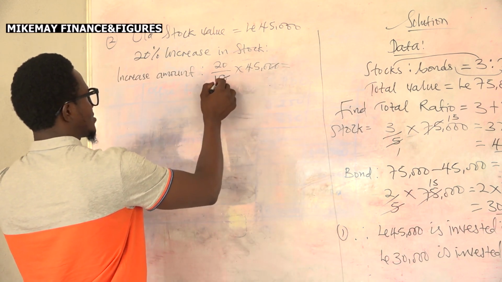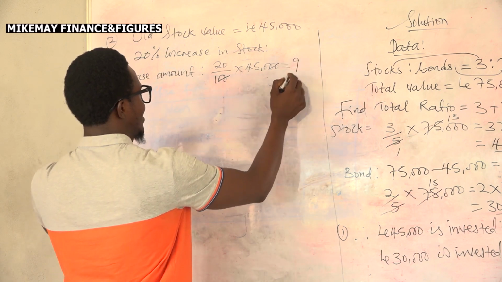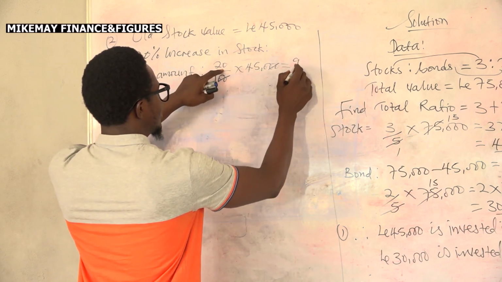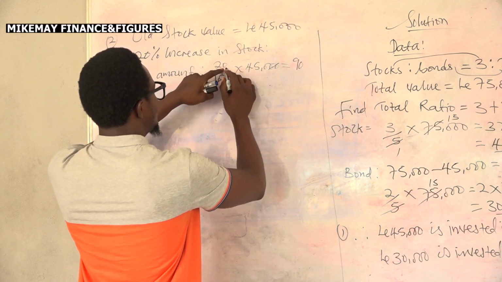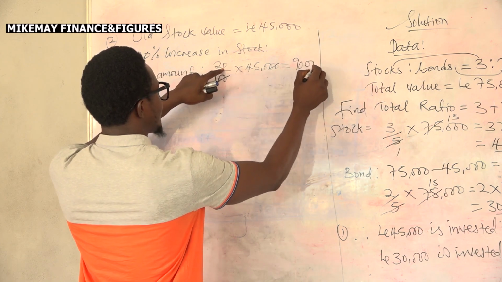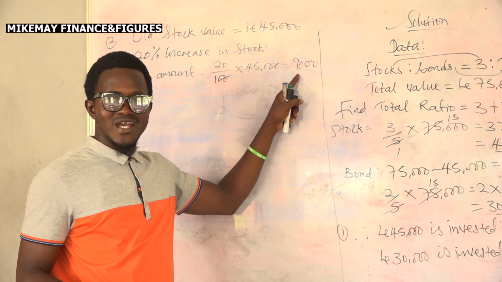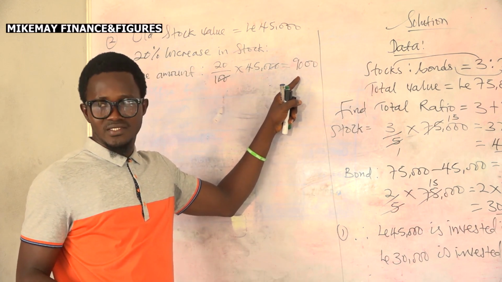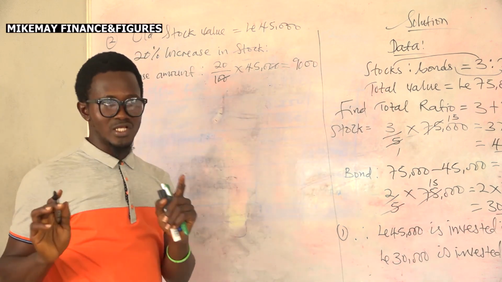Two zeros cancel, and we're left with 2 times 45, which is 90, and we have 1 zero here and 1 zero here. Let's add them. So we have 9,000 as the 20% increase in stock. So this is the increase amount, actually.